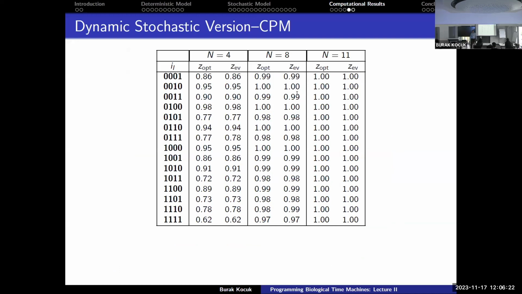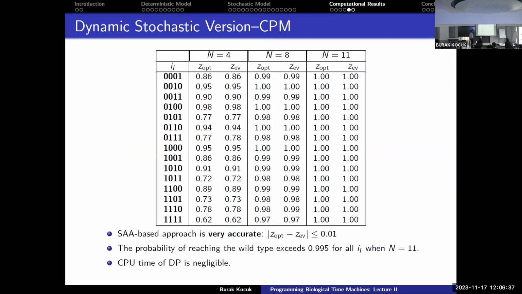For dynamic, of course, you can do better, with more information. And here are the results. Now, even with 8 steps, you see that we're doing really good. And with 11 steps, up to this precision, you get pretty much 99.5%. And the very nice feature of DP is that the CPU time is just less than 10.